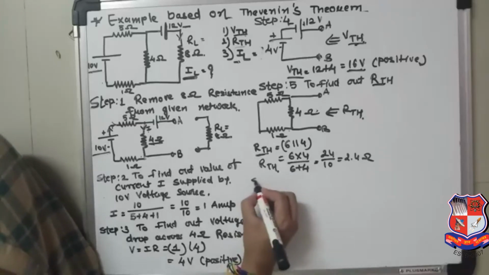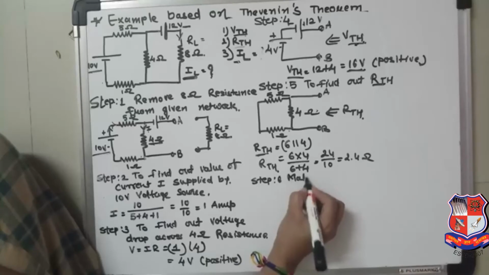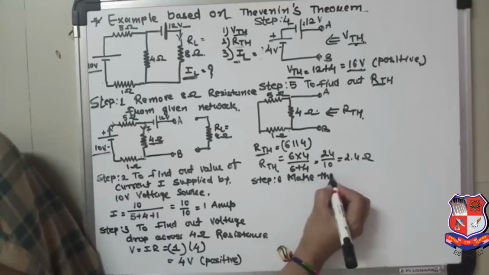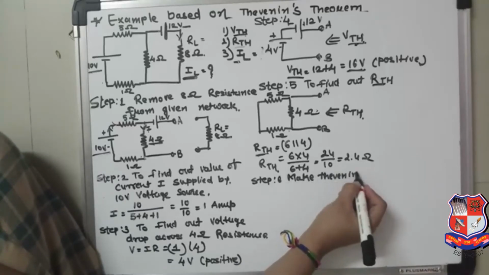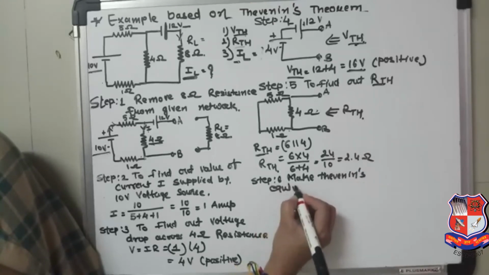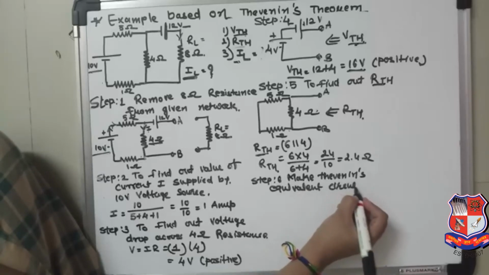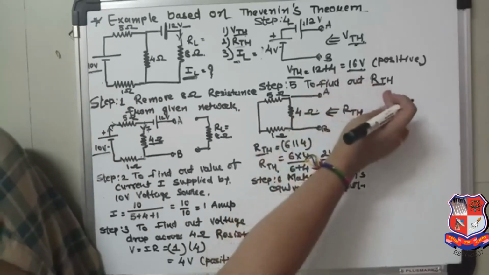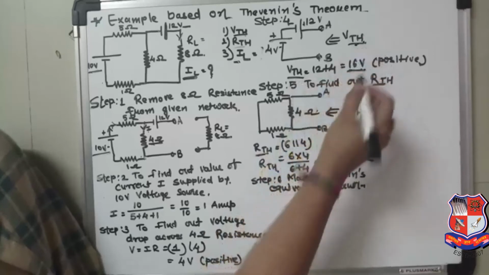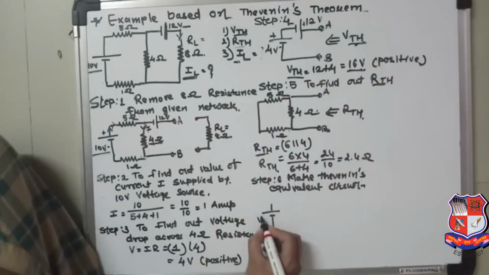Now step number 6, make the Thevenin equivalent circuit. How to make the Thevenin equivalent circuit? Simply connect the VTH in series with the RTH. That is the Thevenin equivalent circuit.